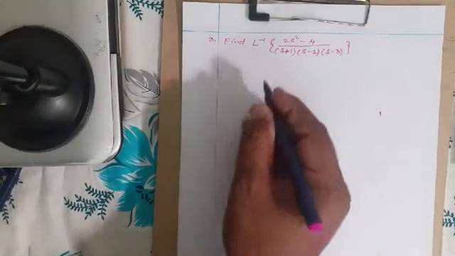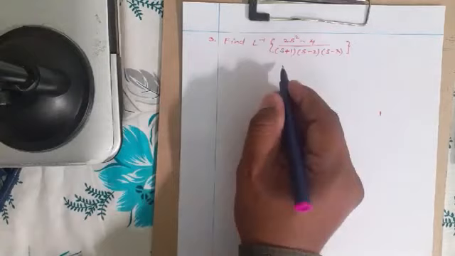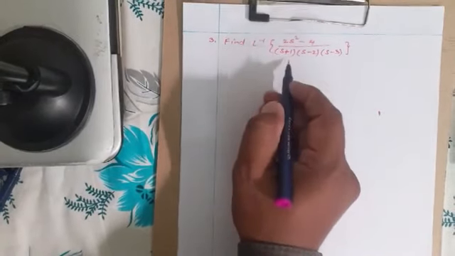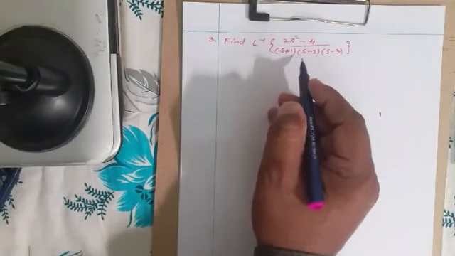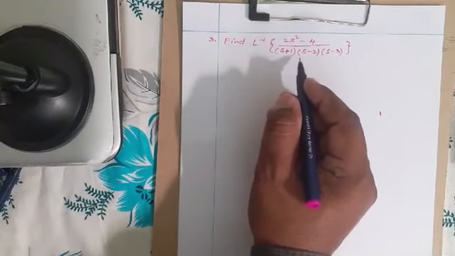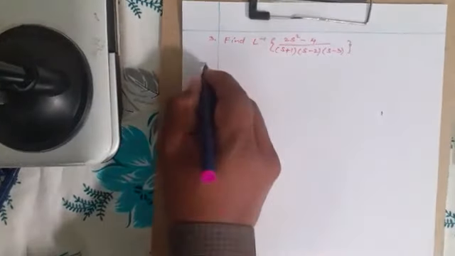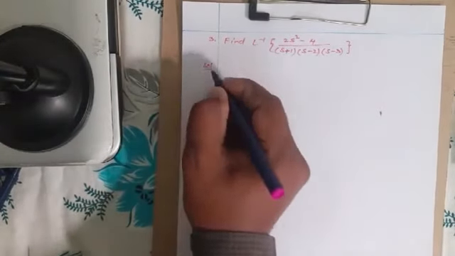If this is the problem, you can see in the previous problem there was only one function in the denominator, here we have 3 functions. So when you separate this, we will separate by using partial fractions. Now let us write that so that you can understand.